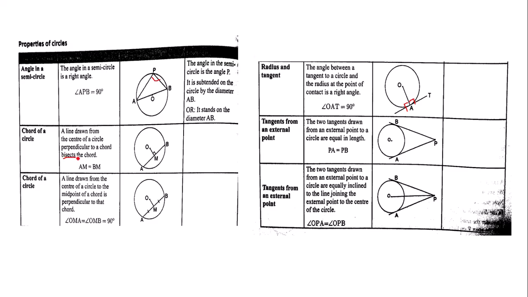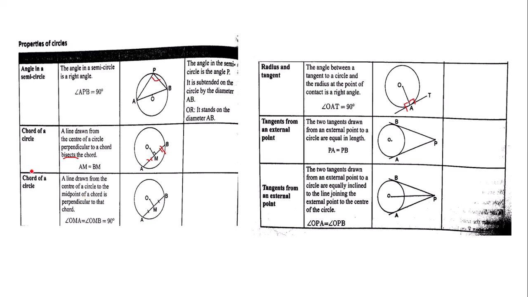Bisects means it cuts the chord into two. Bi means two. So it bisects the chord AB into two equal parts. So we can add some symbols here to show that they are equal, stroke to stroke. So the length of AM is equal to the length of BM.